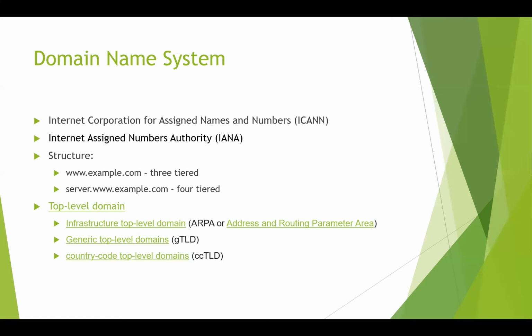In both of these examples, it'll be .com, followed by the second level domain or the example, and then the third level domain in the first example is going to be www, while the fourth level will be the server. And the idea is that essentially as you go left in the name, you become more specific.